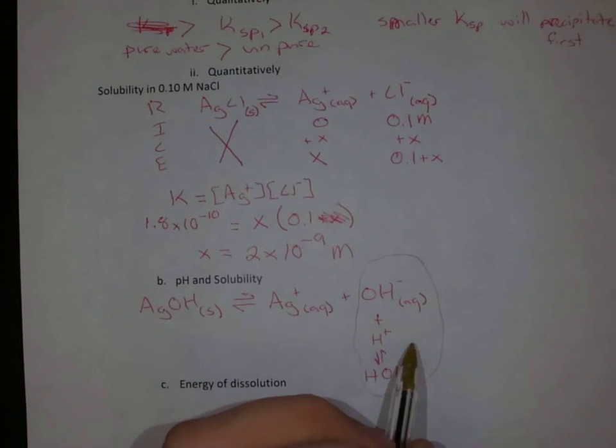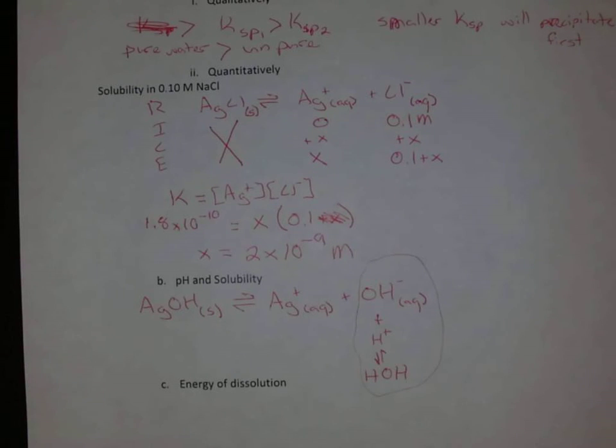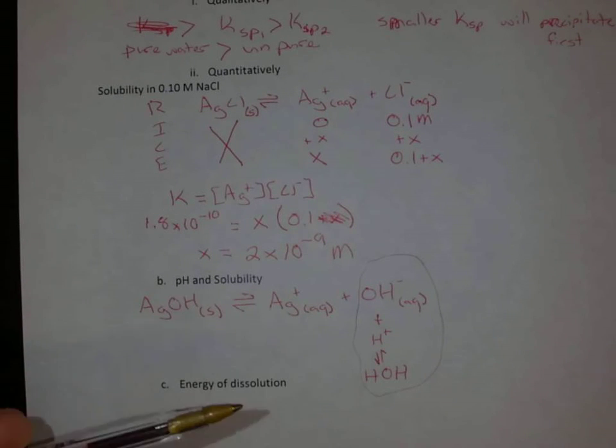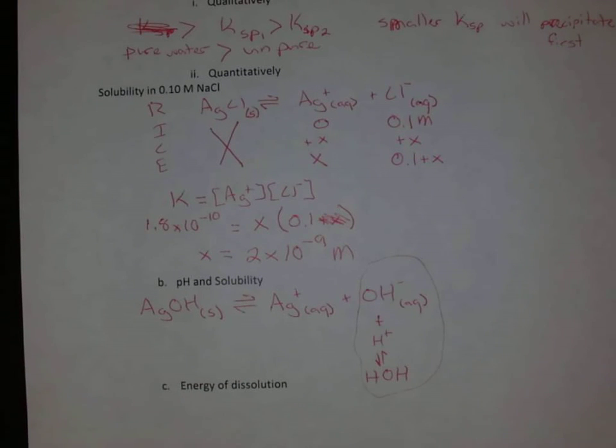So we make this the fat guy. This reaction is going to want to move towards making more H2O, so our OH minus concentration is going to decrease. If we decrease that OH minus concentration, we need to move this way, and we'll actually be able to dissolve more of our AgOH because we lost some of that OH minus, okay?